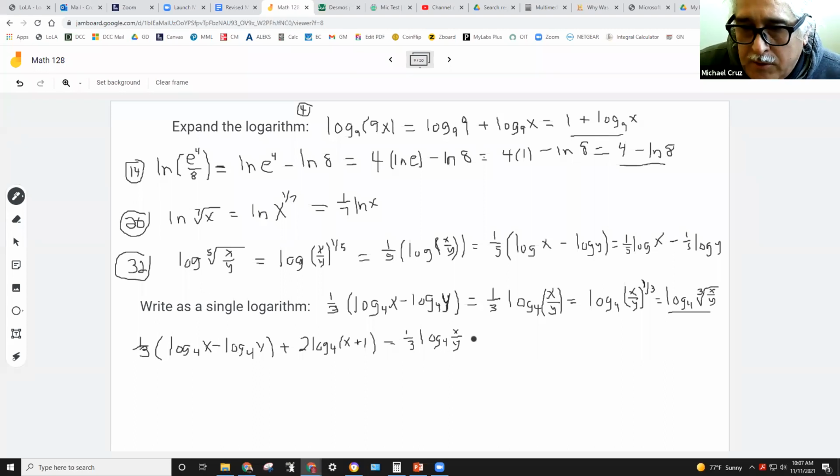And then this one is going to be plus log 4 x plus 1 all squared. All right, now we can kind of put this together a little bit better. I should have put this up here, but anyway, we'll do it in the next step.